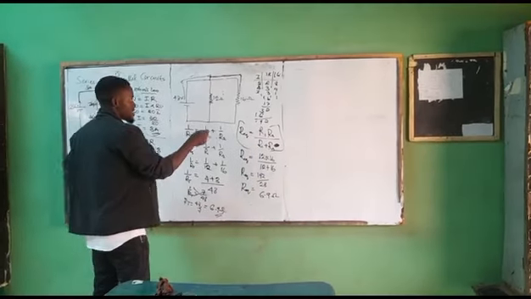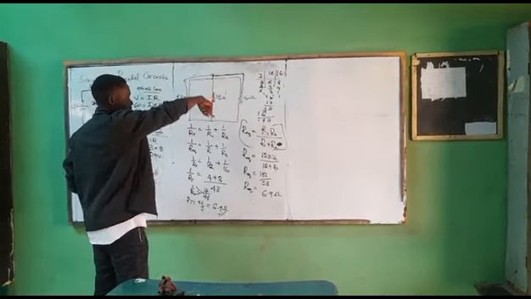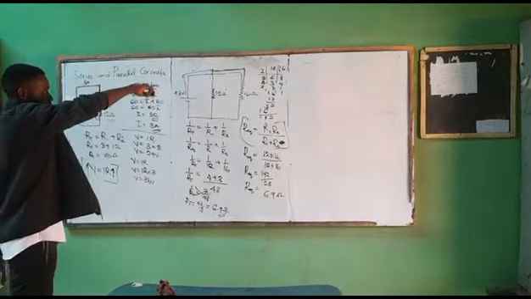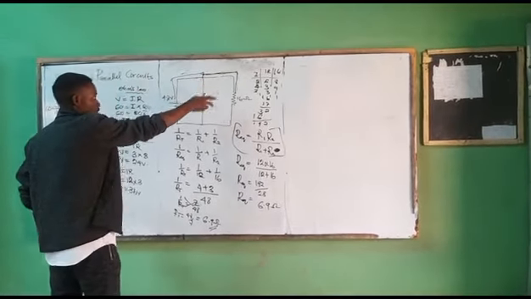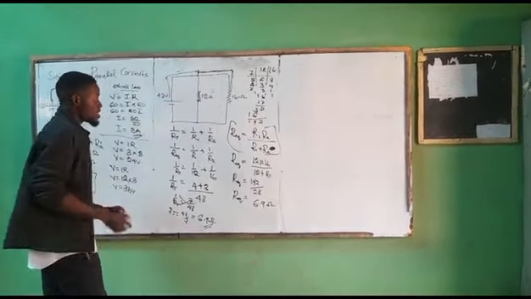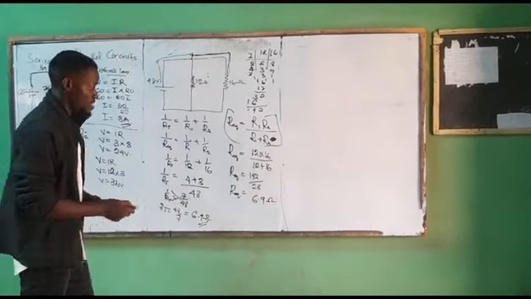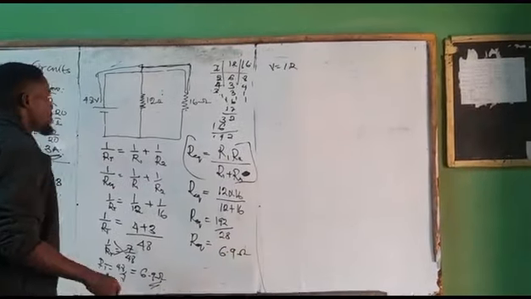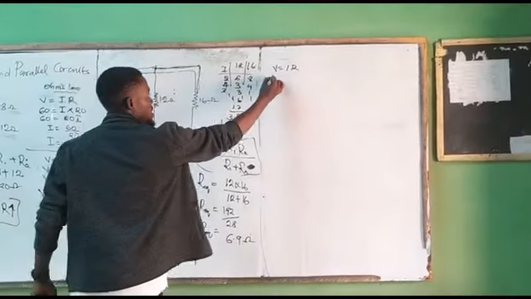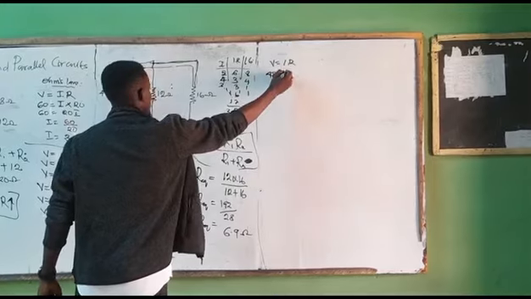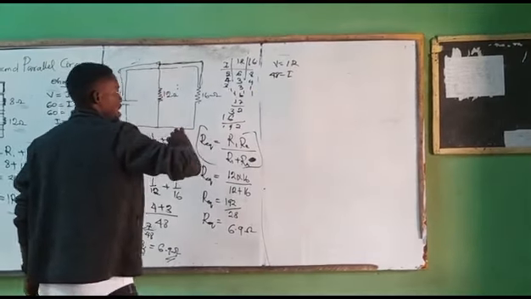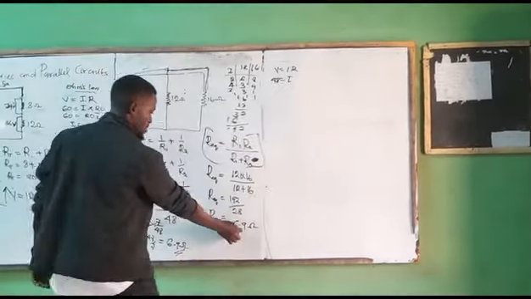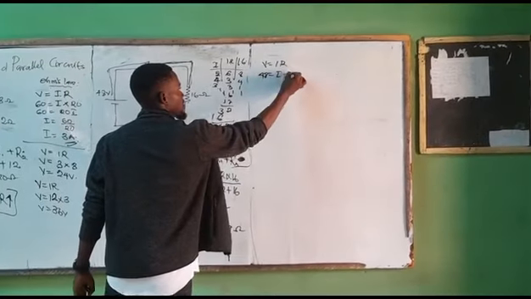Now we can get the current for the circuit. You can get the current that drops in each resistance, or you can just try to get the total current. Still using our old formula, which says V equals I R. Now for this one, what's my voltage? That's 48 equals I, which is what we are looking for, times R, times 6.9.